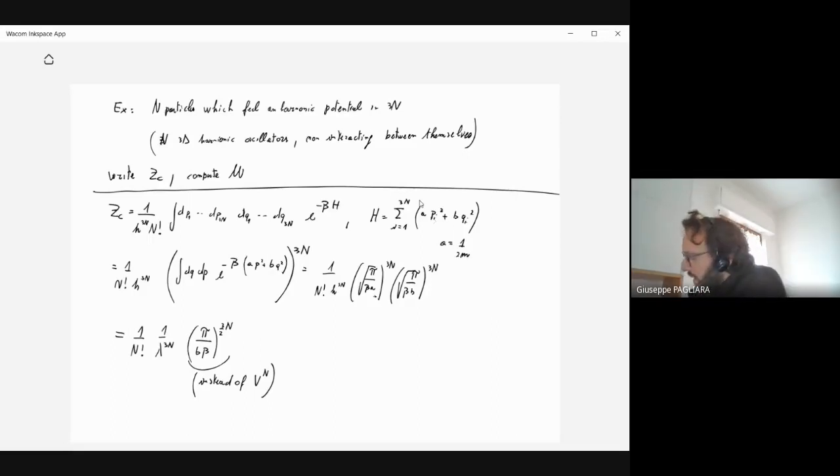And so this is basically the partition function Z of c.